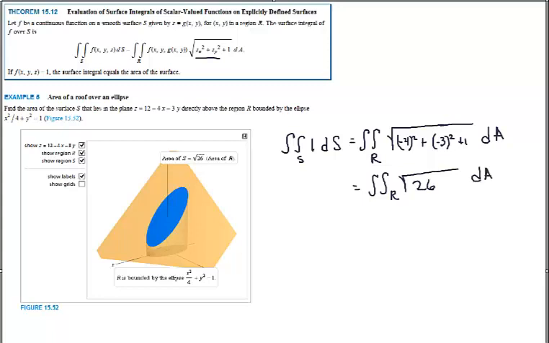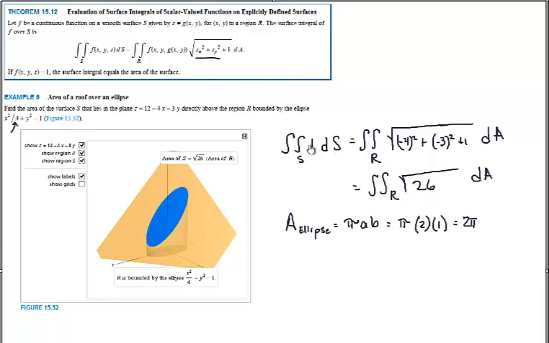So we just have this double integral, and it is just going to be the area of the region bounded by the ellipse, and we know what the axes of our ellipse are, so we can compute the area of just a plain ellipse. Okay, here's our ellipse.